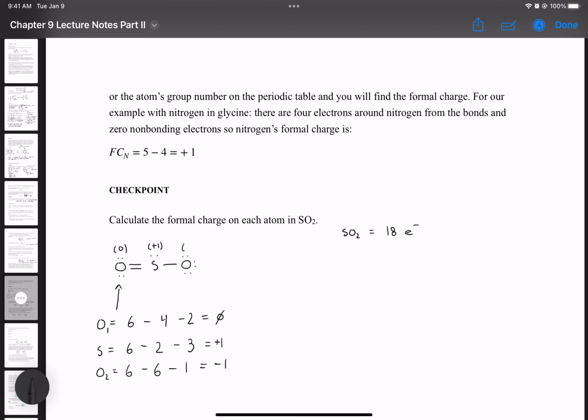So these are the formal charges we get for all the atoms in SO2. All right, so that's how you would calculate the formal charges. So when you draw Lewis structures, you want to be sure you are balancing your charges and making sure that each atom has the appropriate formal charge based on these calculations. Okay. All right, let's move on now.